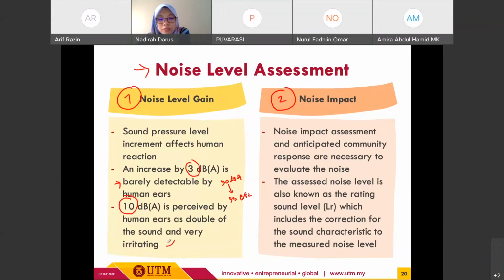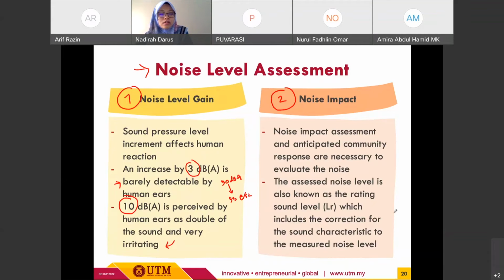And in terms of effect, it's very irritating or very significant and affects the receiver, ataupun the nearby community or anyone who is exposed to this noise level. Okay, so that's for noise level gain. Saya akan tunjuk juga dia punya table related to noise level gain. And then the other component is noise impact.